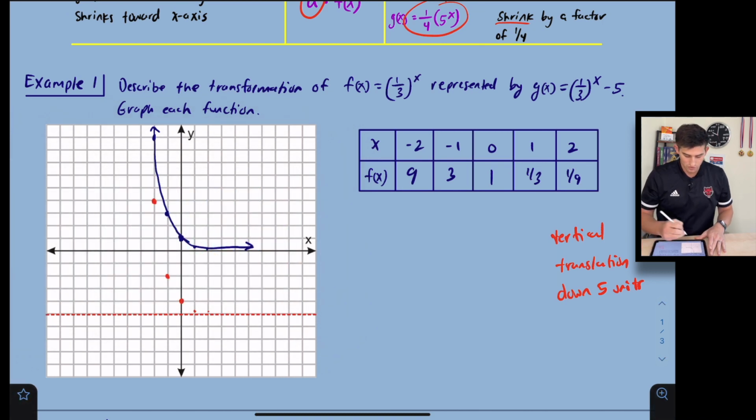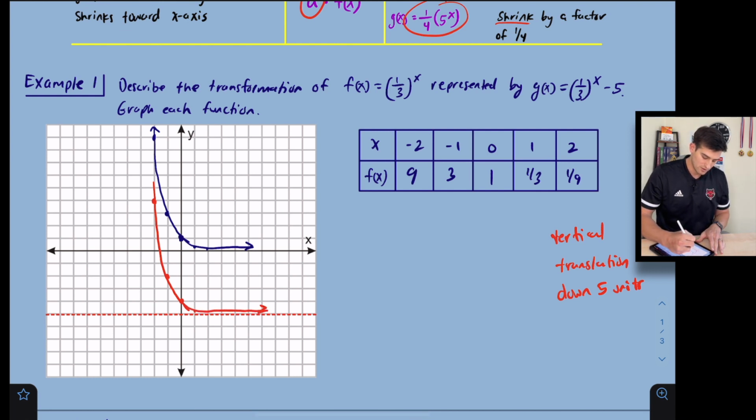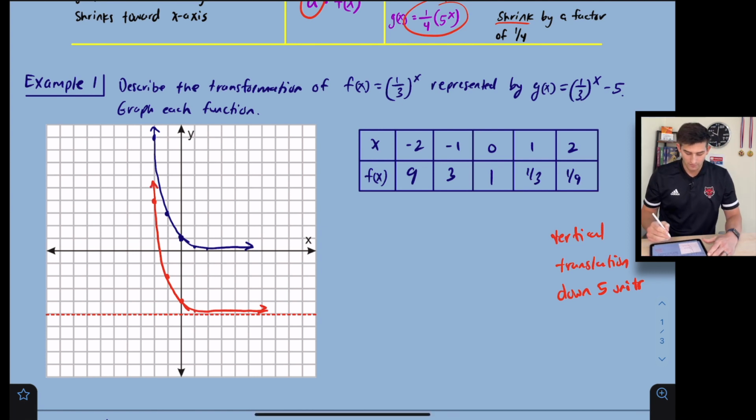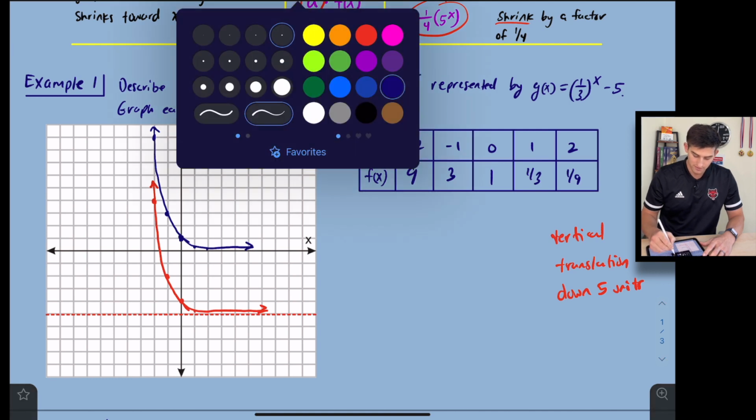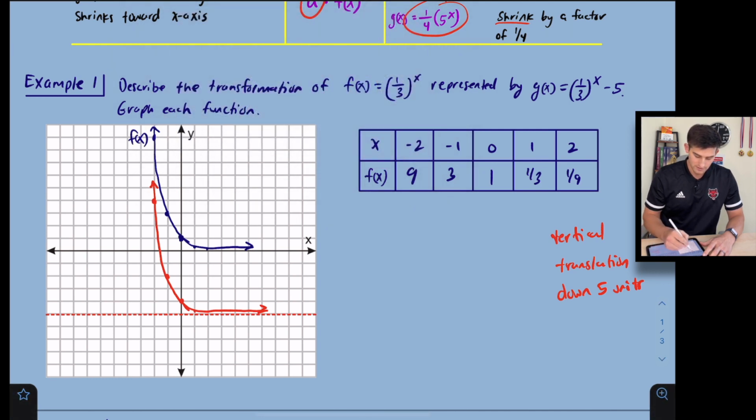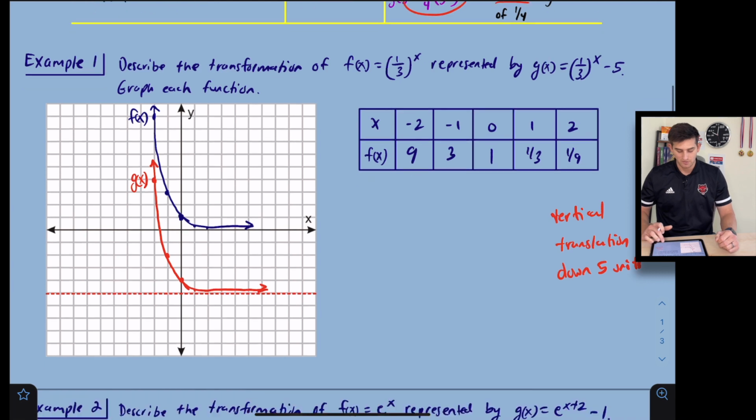And so now we can draw our transformed function, knowing that we're going to approach this horizontal line, but not cross it just like that. Okay? So our original function was in blue here. So this was f of x. And then we just graphed g of x right here. Okay? All right, so that's example number 1.